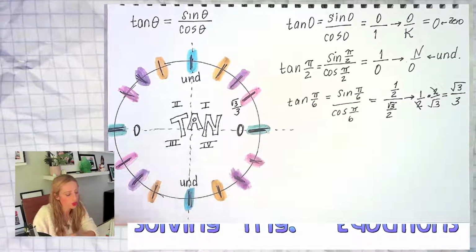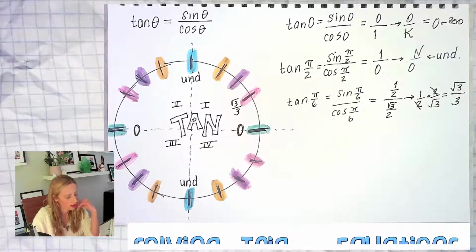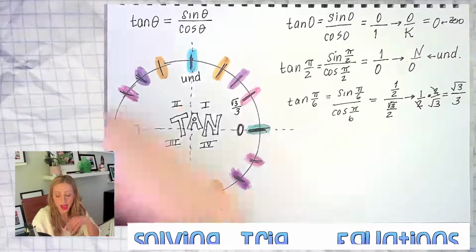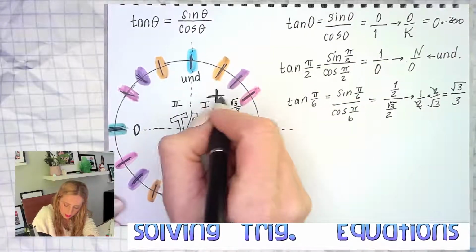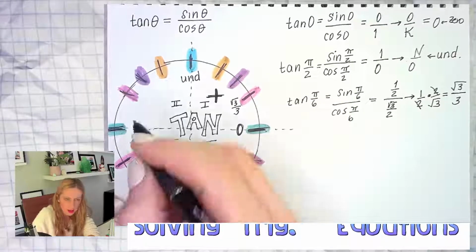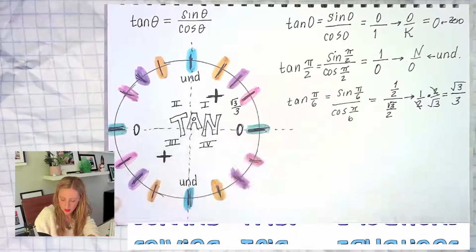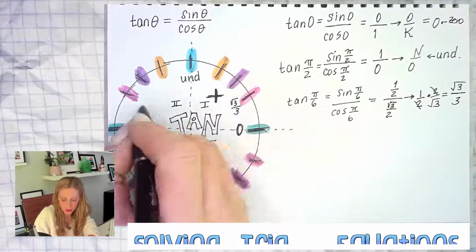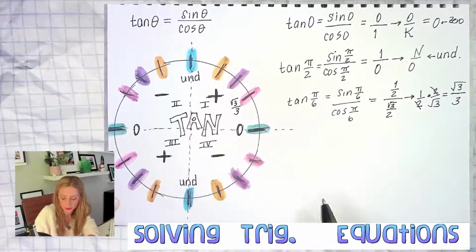I think tan is positive in quadrant 1 and quadrant 3. Yes, good. Thank you. That was Victor. And then it would obviously then be negative here and here.